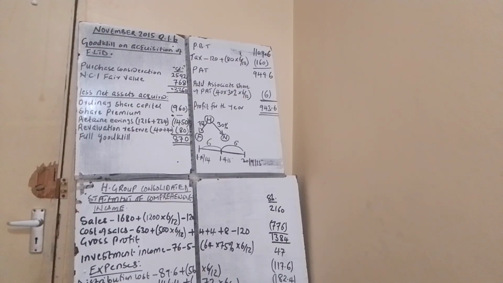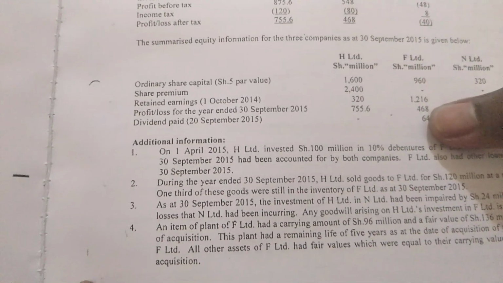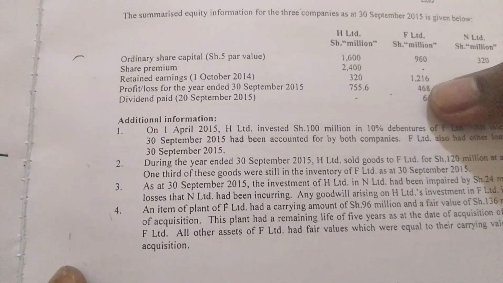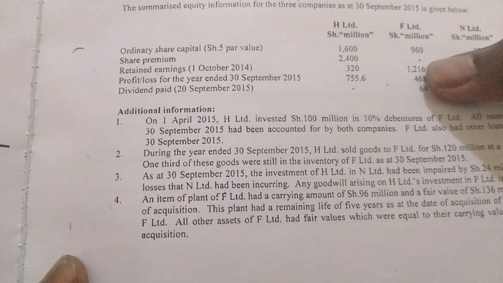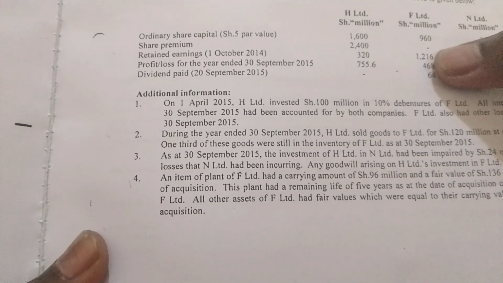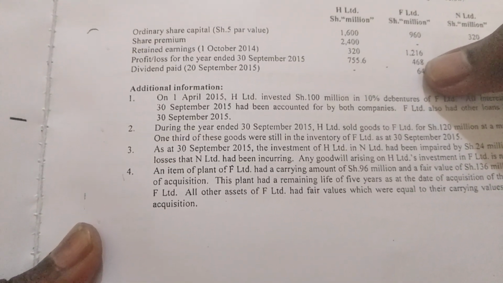So we are assuming that half of the 468 was earned before acquisition. When we acquired F Limited, it had a profit of 1216. Then from the start of that year up to the date of acquisition, we made half of the 468 as profit.